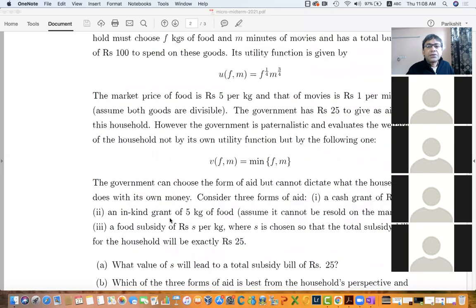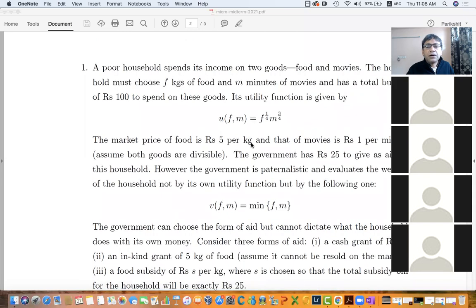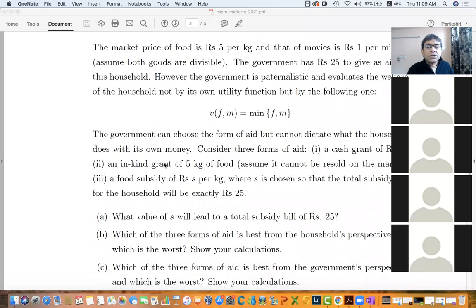Okay, so if they have 125 rupees, they'll spend 1/4 of that on food, and at 5 rupees per kg, that means more than 5 kgs of food. So the in-kind grant will not make a difference. Remember, we had a whole discussion about this in class. It's an inframarginal in-kind transfer, which means it's as good as a cash grant.